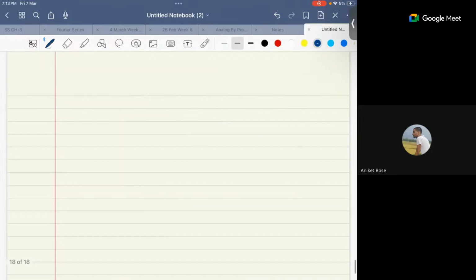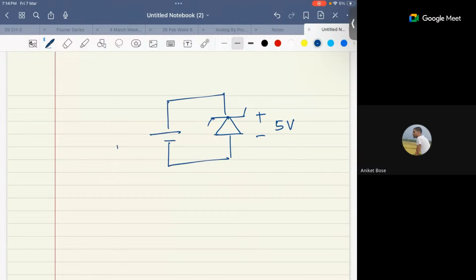See, this is a Zener diode, right? This potential should be more than 5 volt. If you are attaching something like that, 7 volt, this is fine. This will start working as reverse bias in breakdown.